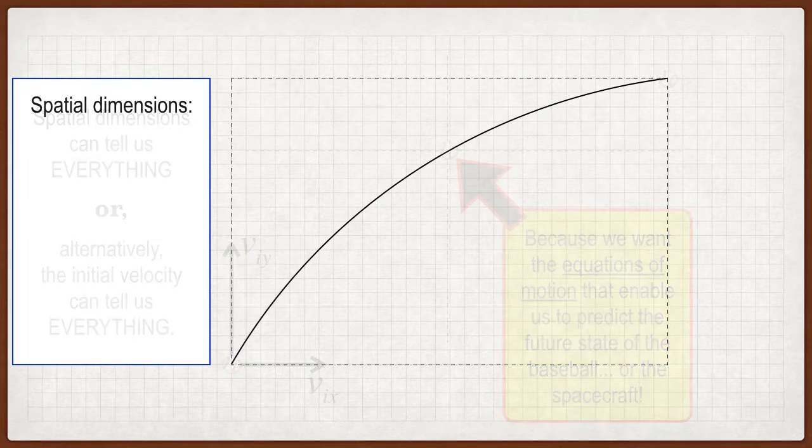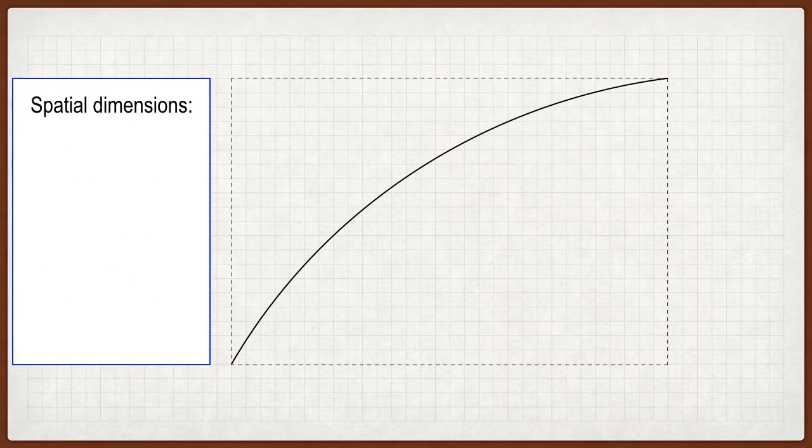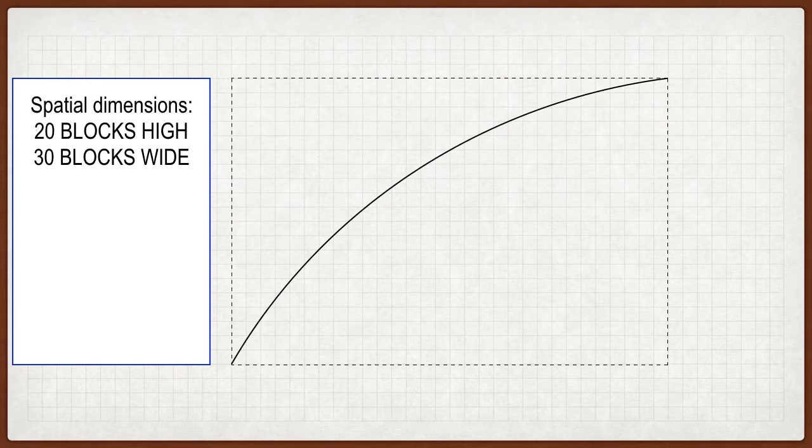All right, spatial dimensions. I counted the blocks on the graph paper from lecture 2. It turns out that it's about 20 blocks high on this graph paper and about 30 blocks wide. Now, for a baseball, unless you're a first grader in Little League, the distance is going to be measured in meters, tens of meters.